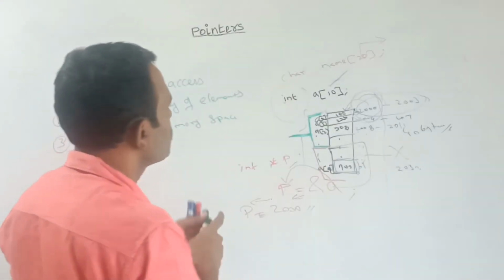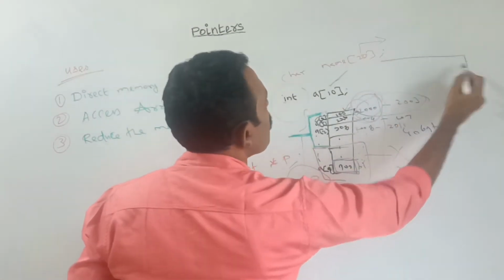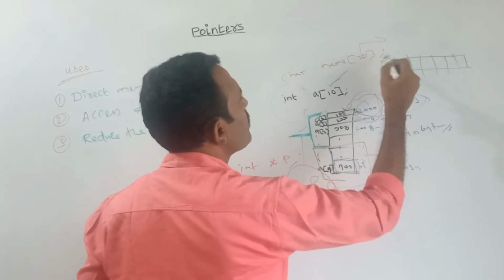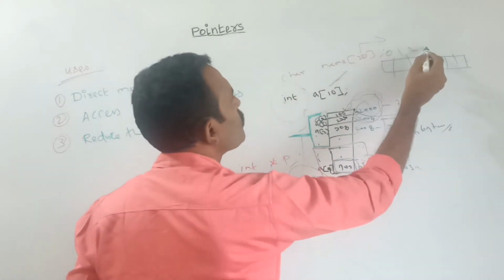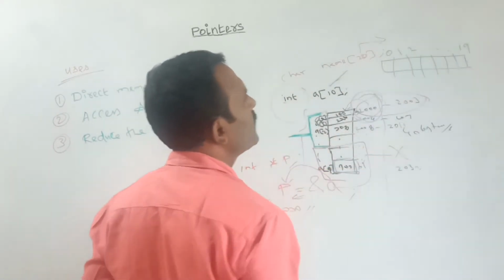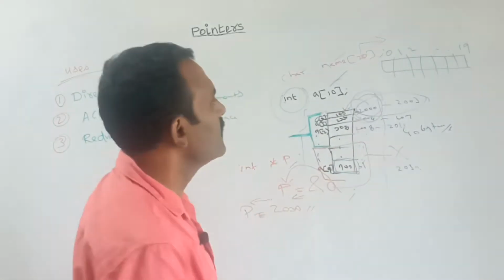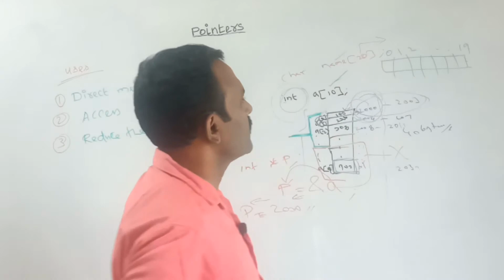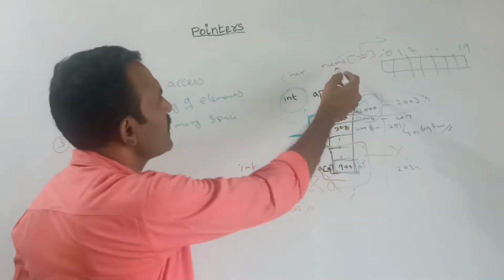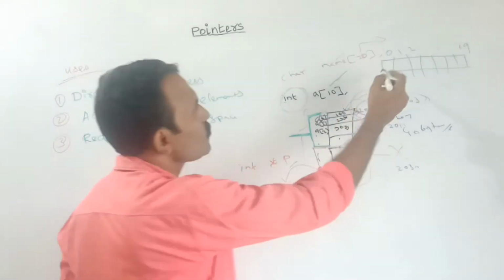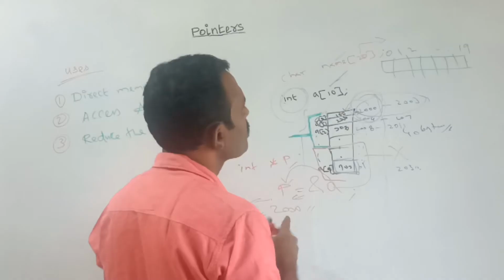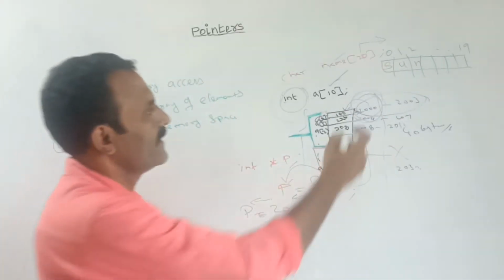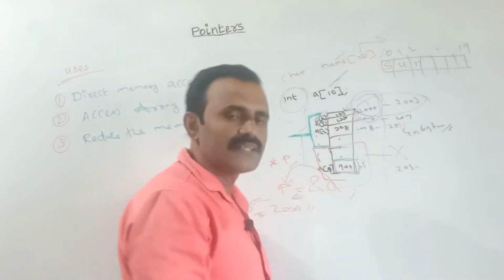It allocates 20 bytes. It starts from 0, 1, 2, etc. up to 19. Totally 20 bytes it allocates. See here, for each and every byte it can store one letter. For example, if you are declaring the name and storing the letters sun, sun.